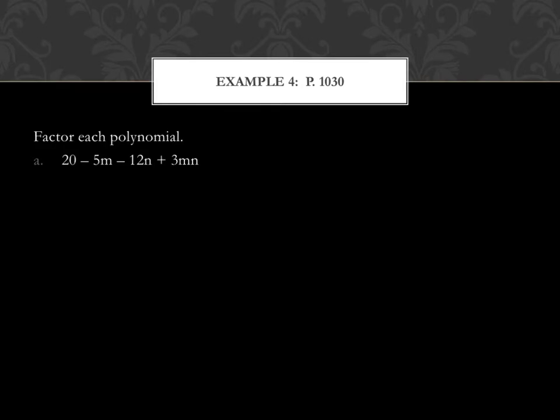On problems like example 4, where there are more than 3 terms, you have to factor by grouping. So if I cut this in half, I can pull out a 5, and that leaves me with 4 minus m, and I can pull out a negative 3 to leave me with a negative 3n.